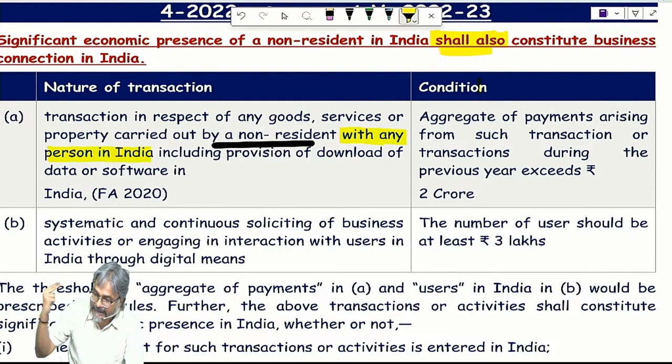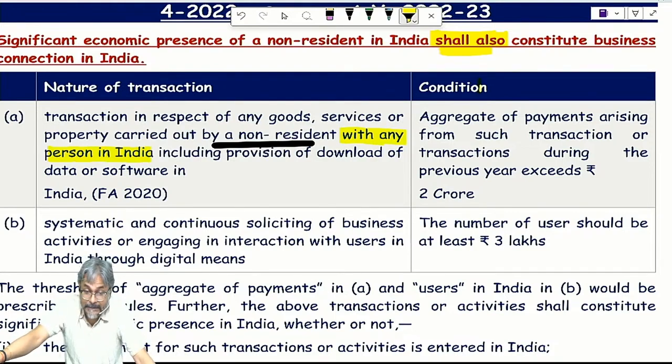Now, coming on the second point, which is an important one. How do we decide that this non-resident is doing the transaction with any person in India? Any clue with this?